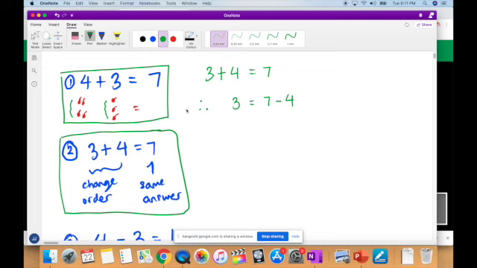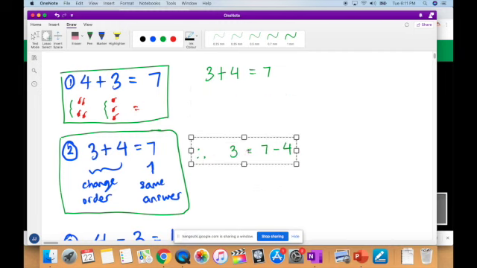Yes. And how is this true though? Right, yeah, absolutely, we know that. But how do I get from here to here? Yeah, bring the 4 over, 3 equals 7 minus 4. Caitlin, you understand what she's saying?